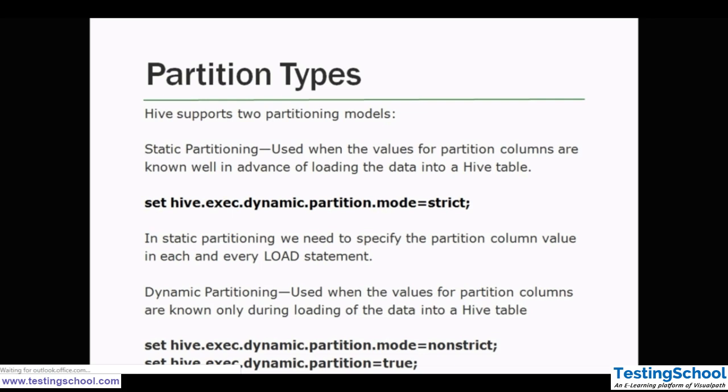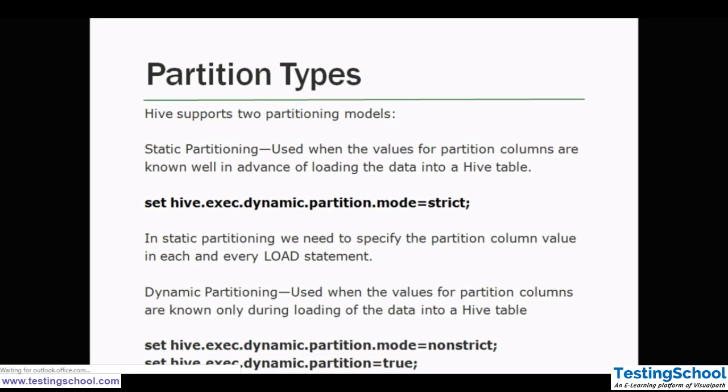That's why we call it static partition, where we know in advance. But in dynamic partition we don't know the values of the columns, so we need to set the mode to non-strict and dynamic partition equal to true.